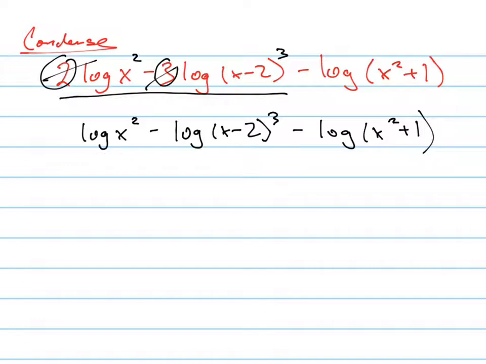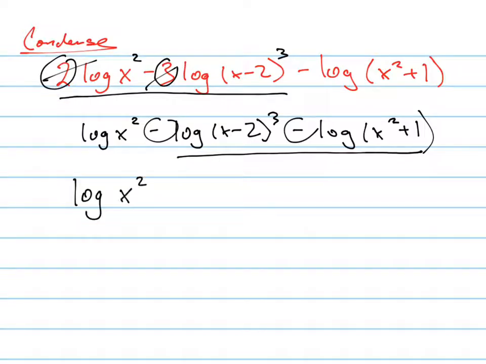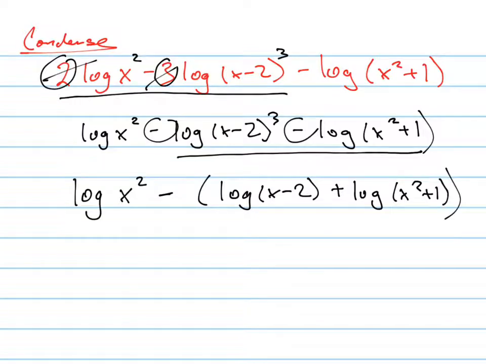Actually, to be honest with you, the best thing to do would be to first factor out this -1 and combine these two. In my opinion, it's a little bit easier. So log x squared minus [log of (x minus 2) cubed plus log of (x squared plus 1)].